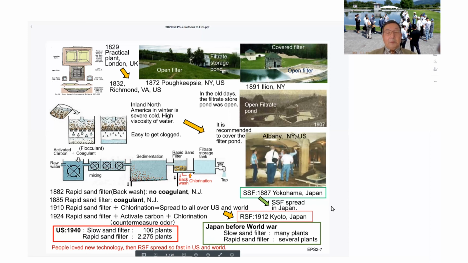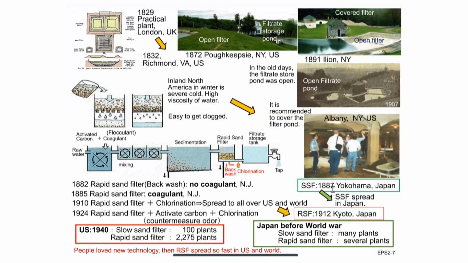But in my country, the slow sand filter was first recommended and introduced in 1887 in Yokohama, Japan. After that, slow sand filters spread all over the country.